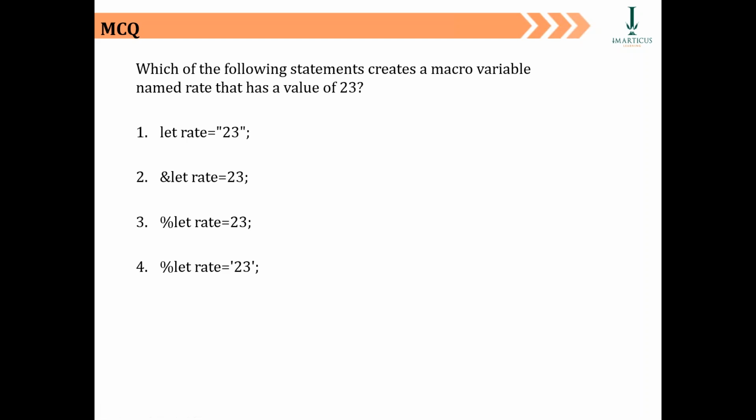Yes, sir. Why not the fourth one? Because if you actually take the fourth one, it will also print the inverted commas. So the third one is the correct one.